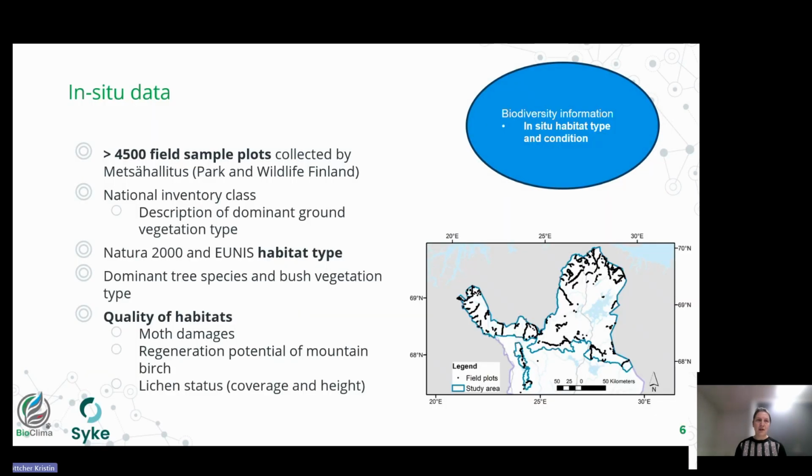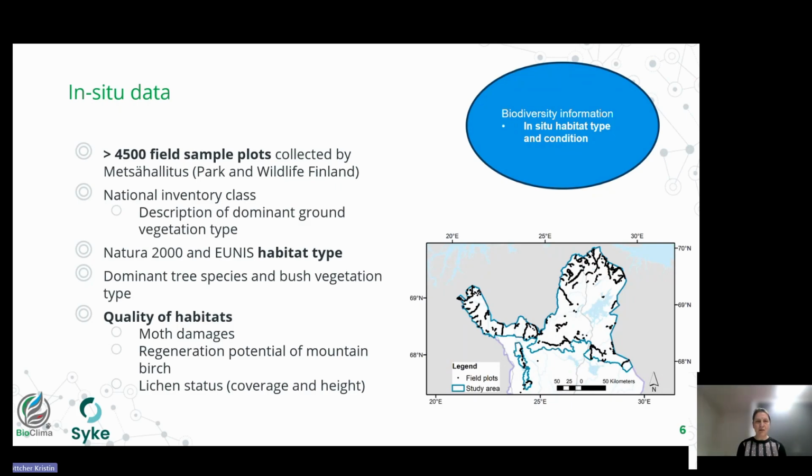project. So for the in situ data, we have from previous work in the area more than 4,500 field sample plots that were collected by colleagues from Parks and Wildlife Finland. So this provides information on national, very detailed inventory classes that describe dominant ground vegetation.